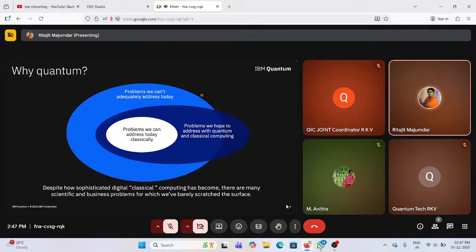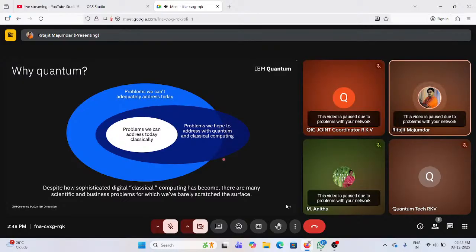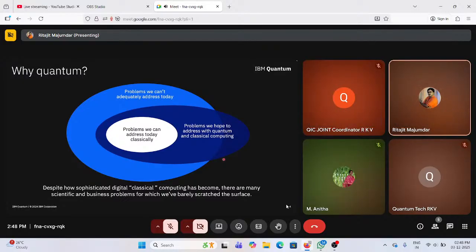For example, simulating molecules, simulating nature, is something that you cannot do at scale. It's not like you have an efficient algorithm versus a less efficient algorithm, polynomial time versus exponential time. It is that you just cannot do it that way.